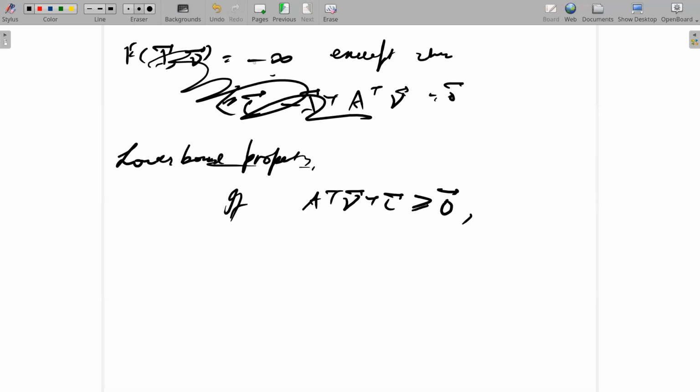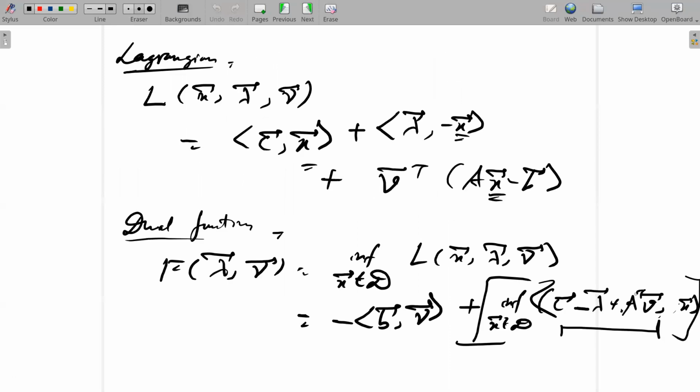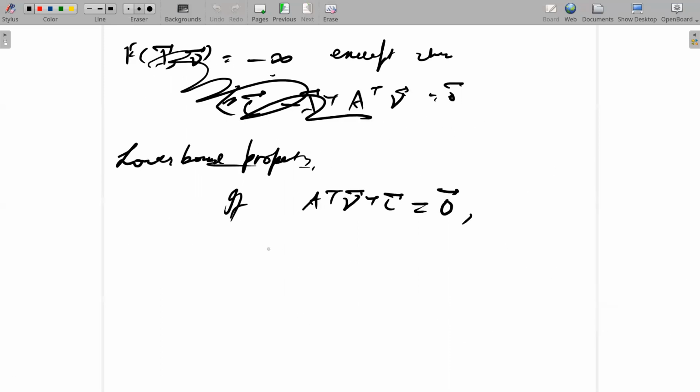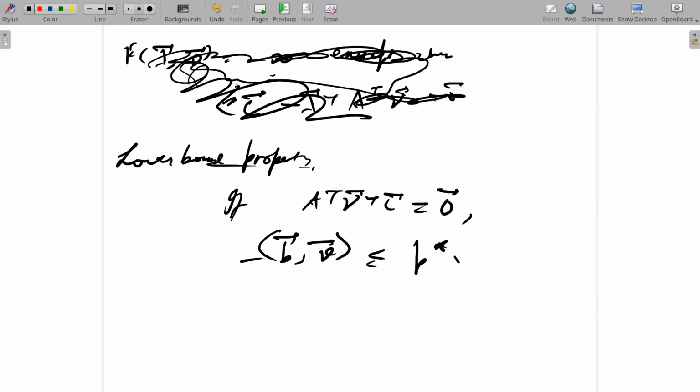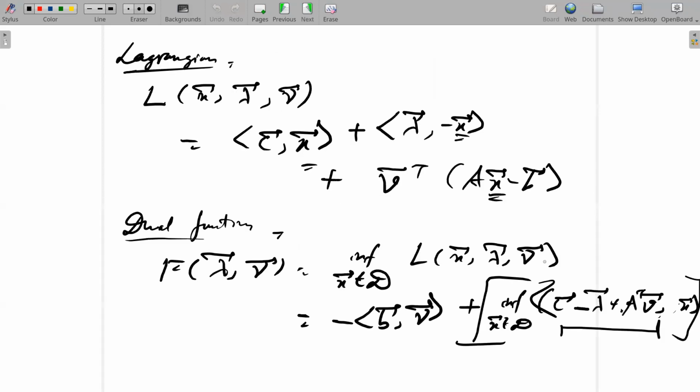So if A transpose nu plus C is equal to 0, then it doesn't matter what x is, the infimum is 0. Then what we have is minus B dot nu is less than or equal to P star. Yeah, I think this makes sense. So we didn't really need this. I think there is some error in the book, so I'll have to check that. So anyway, the dual function, it is clear that it is minus B dot nu plus this infimum.